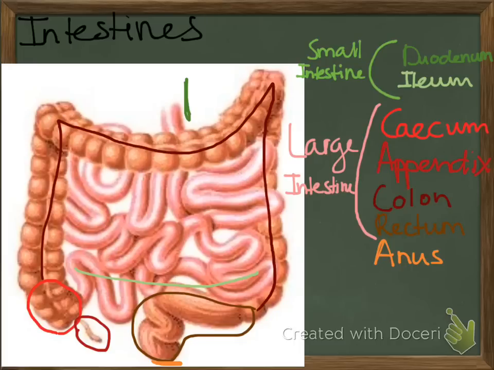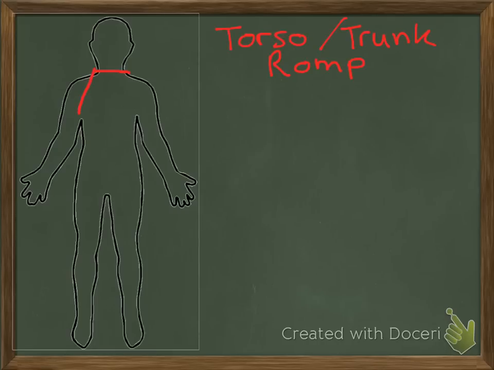And now these parts together, the cecum, the appendix, the colon and the rectum, form our large intestines. So the small intestines consist of two parts, and our large intestines consist of a couple of parts. And that were our intestines.